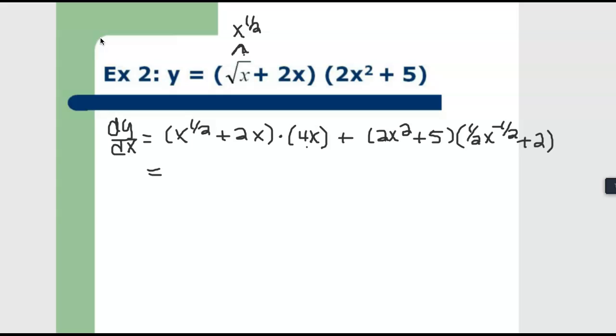So 4x times x to the 1/2 is like adding 1 to 1/2. So you get 4x to the 3/2, which is the same as 4 square roots of x cubed.